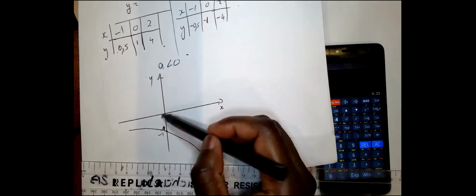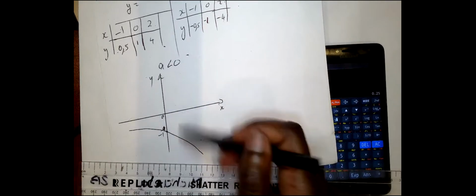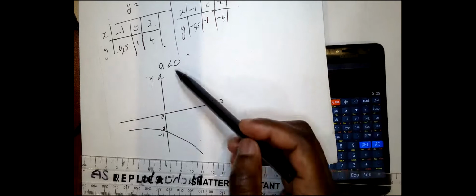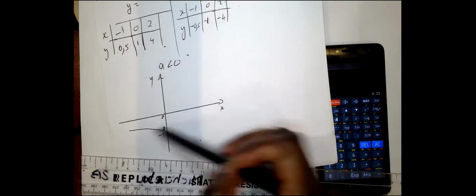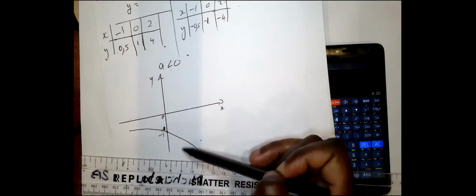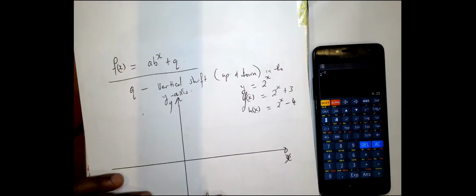So in this case a is equal to -1, and that's what you must always remember, that it's actually a reflection in the x-axis. Whenever you see a negative a, you know that my graph is actually facing down like that. So that's what we have here.